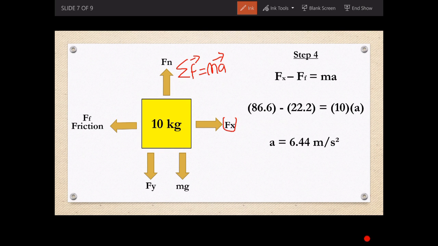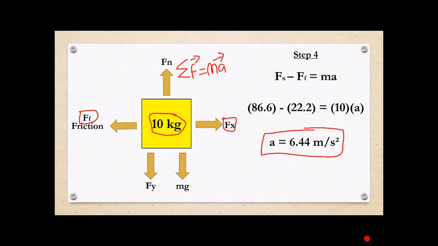So we have Fx minus F sub F equals the mass, which is 10 kilograms, times the acceleration. By dividing each side by 10 gives us A, which in this case is 6.44 meters per second squared.